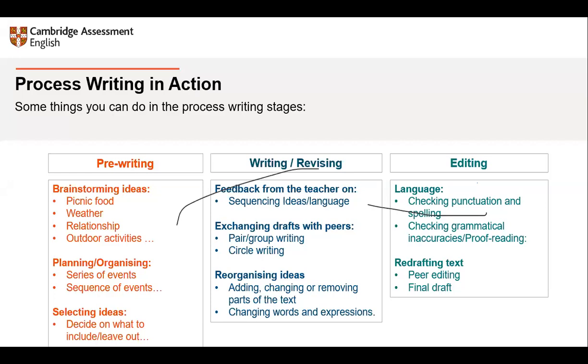So we need something. One thing that you may be familiar with is the platform Write and Improve. Write and Improve allows the teacher to create a classroom, which they call a workbook. And through this workbook, the teacher can monitor the students' process in terms of developing the skill.